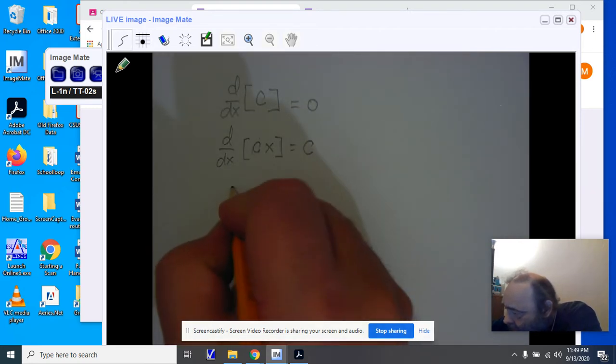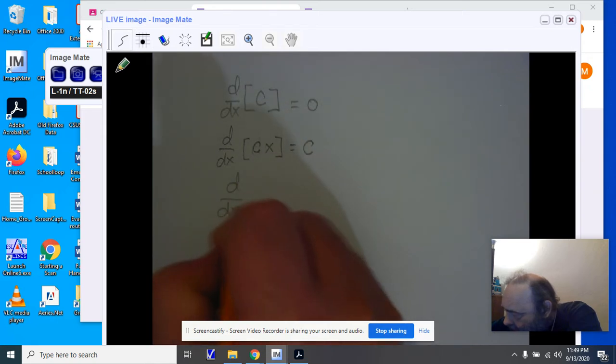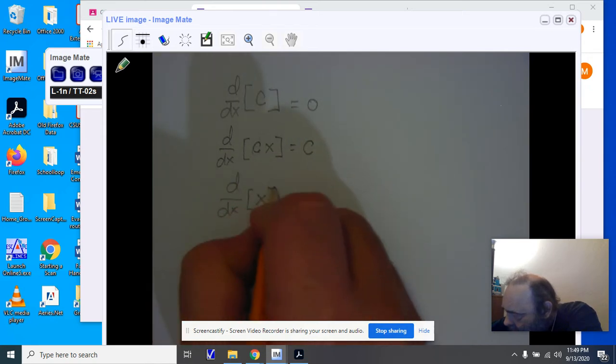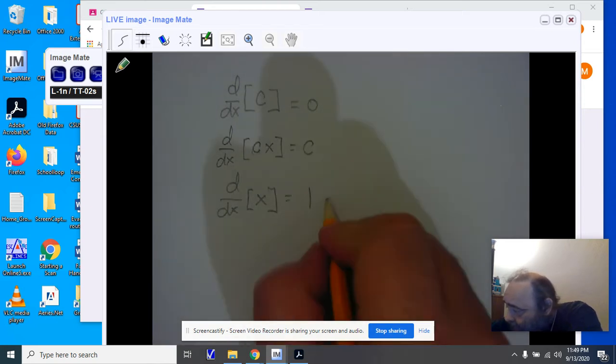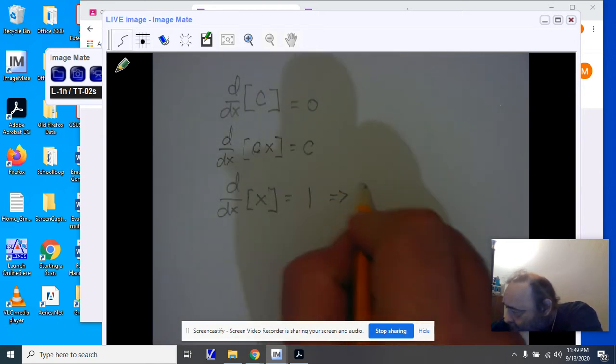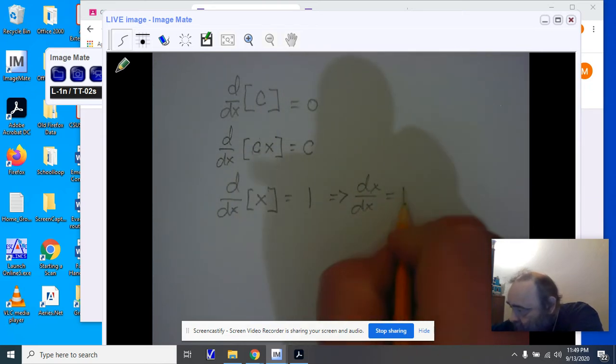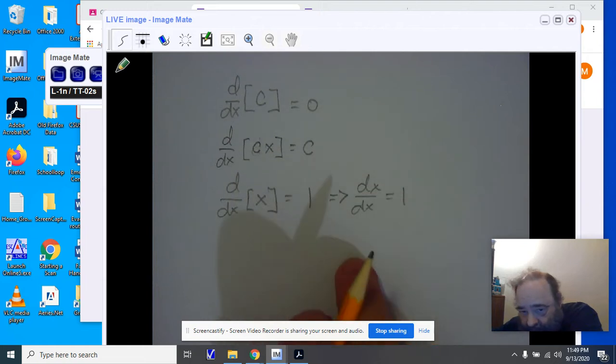And we also know that d dx of x is 1. Now, keep that in mind because we know this because dx over dx is 1. And the variables cancel out. Notice dx over dx, very straightforward.